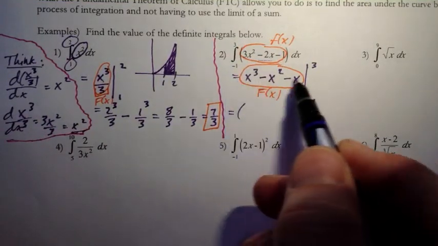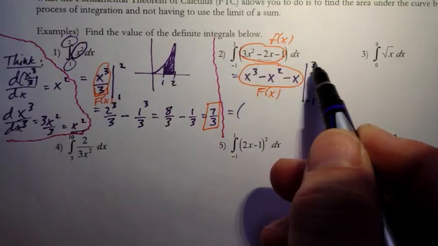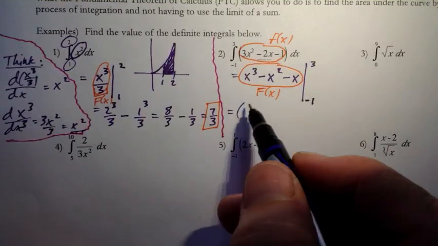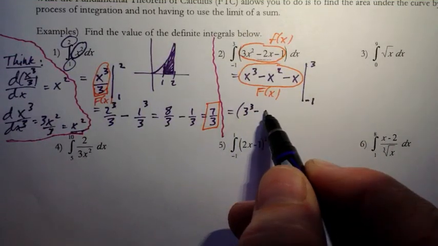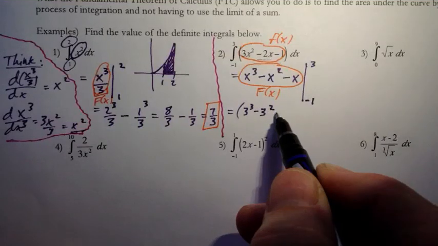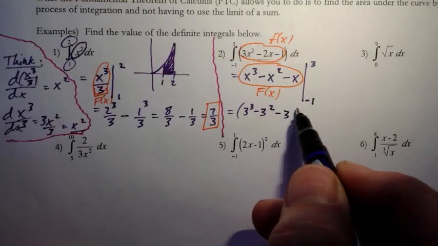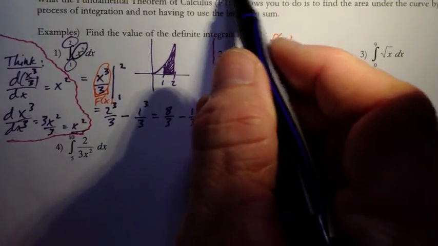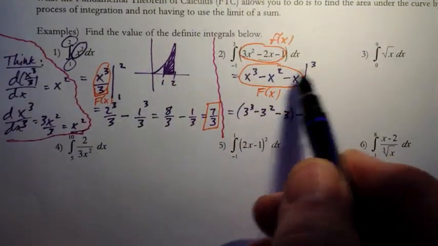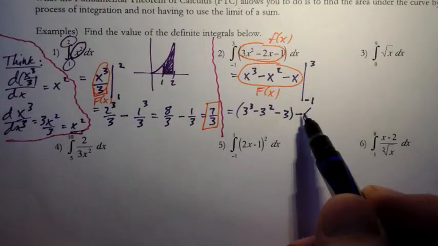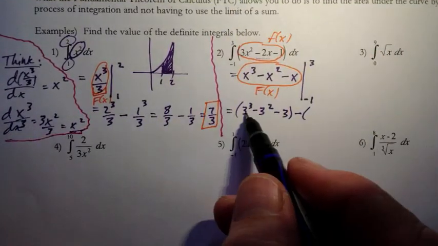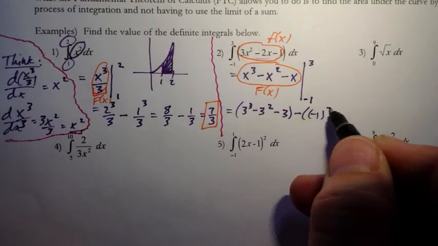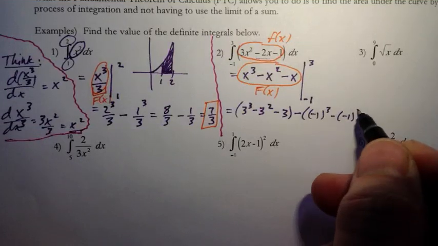So this expression is the antiderivative evaluated from negative 1 to 3, which is equal to, put a 3 in for all these, 3 cubed minus 3 squared minus 3, and then minus, be careful here, remember it's capital F, the antiderivative evaluated at the upper limit, minus the antiderivative evaluated at the lower limit. So there's a lot of minus signs in here and a lot of places to make mistakes.